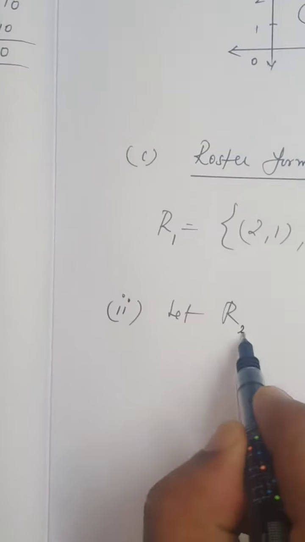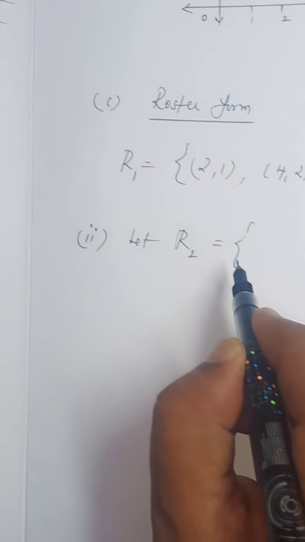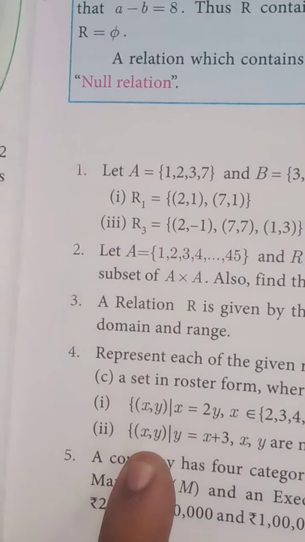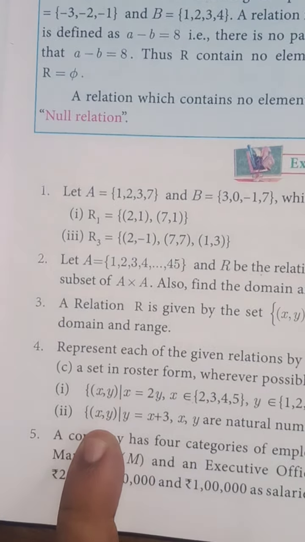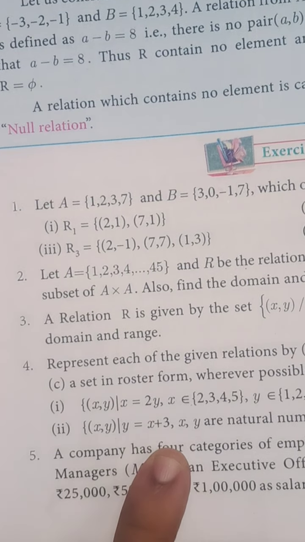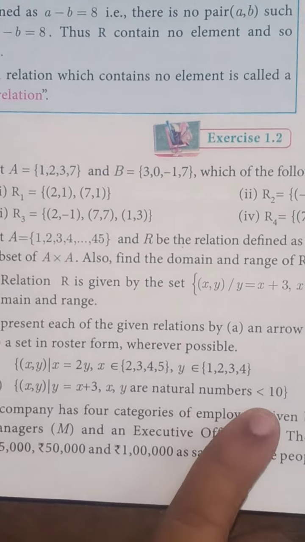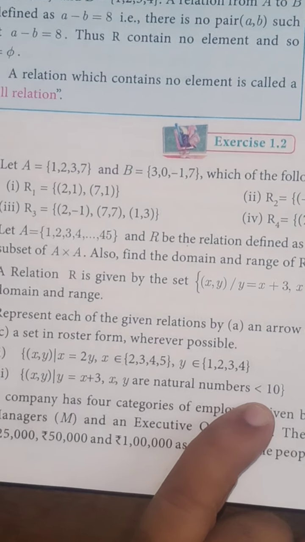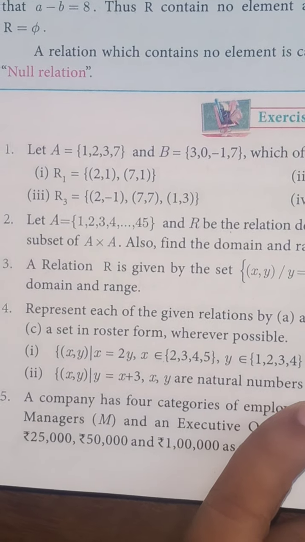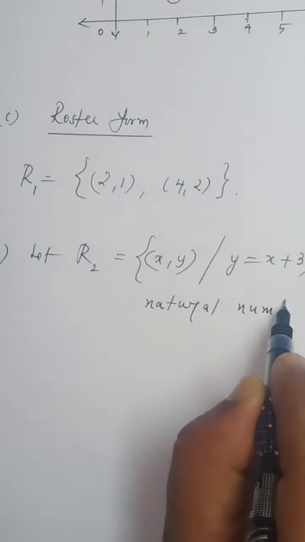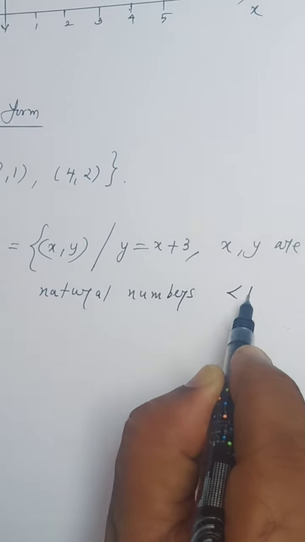Now R2 equals, this is the second subdivision, the set of all (x, y) such that y equals x plus 3, where x and y are natural numbers less than 10.